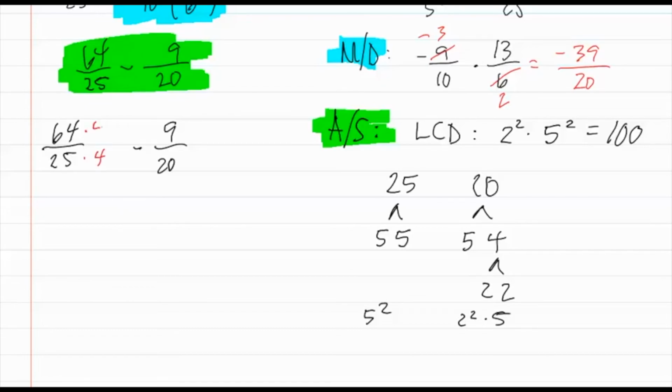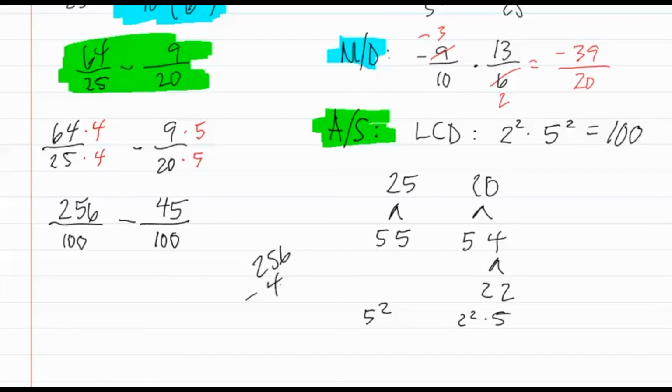The 25 is missing a 4, and the 20 is missing a 5. 64 times 4 gives us 256 over 100, and 39 times 5 gives us 195 over 100. 256 minus 95 gives us 211 over 100.